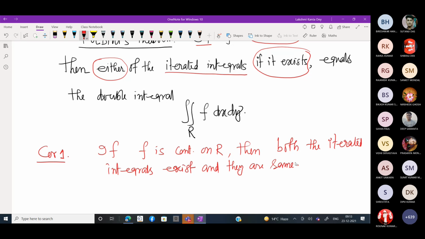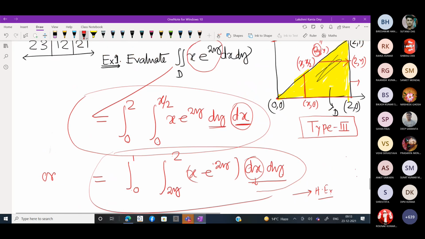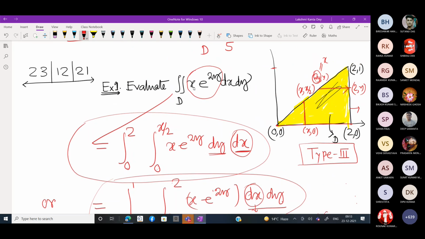This is an important thing. Now look at it here. The function x e to the power 2y is continuous on the region of integration R. So we can say that both iterated integrals exist, and you can do either of the two.